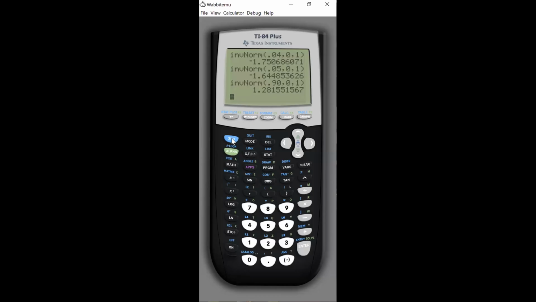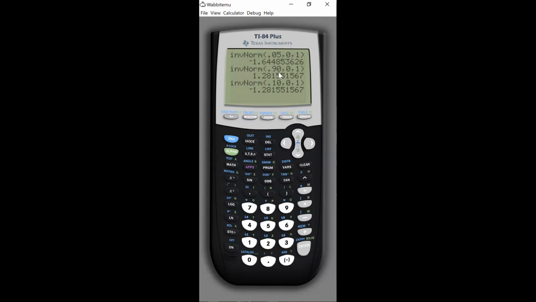So if you were to go back to the inverse norm, and if you do 0.10, if you notice, the only thing different between 0.90 and 0.10 is that 0.10 would give us negative 1.28, because now it's assuming it's the left tail, versus if you put 0.90, now it's assuming it's the right tail.